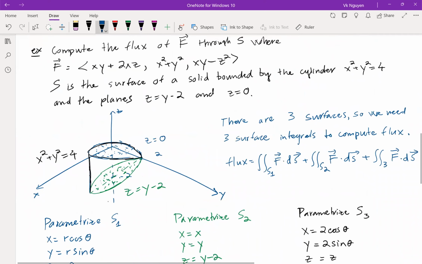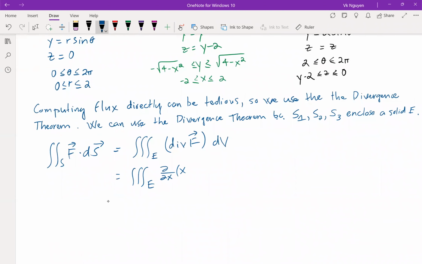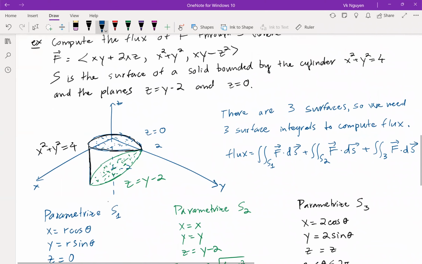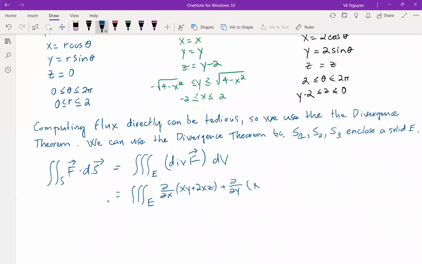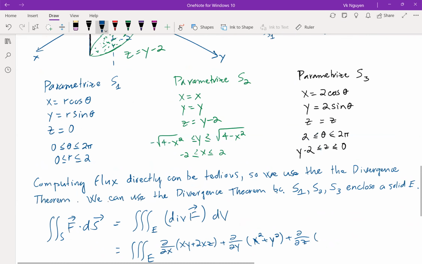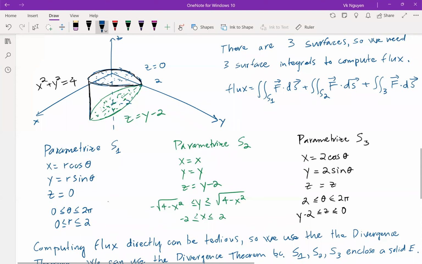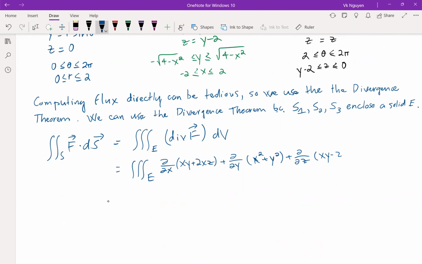What's the vector field here? xy plus 2xz, partial with respect to y, x squared plus y squared, partial with respect to z, xy minus z squared, dV.